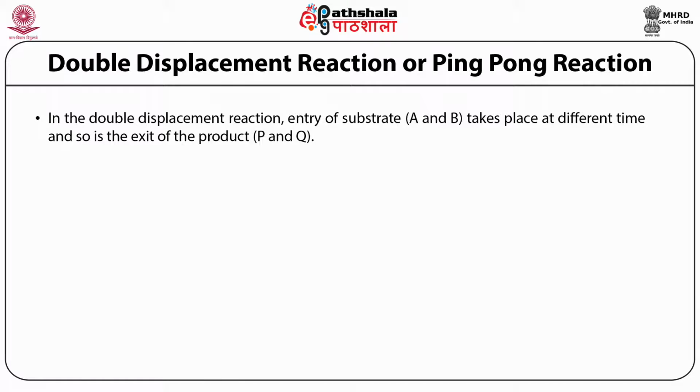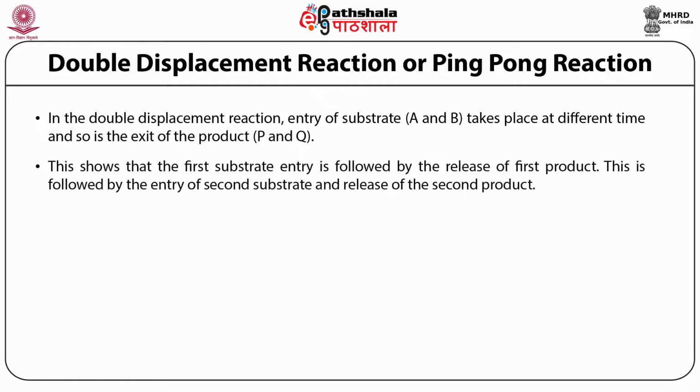So entry of the substrate takes place in two steps and exit of the product also takes place in two steps. This shows that the first substrate entry is followed by the release of the first product. Similarly, the entry of the second substrate results in the release of the second product.